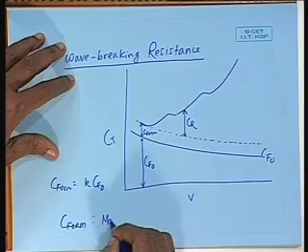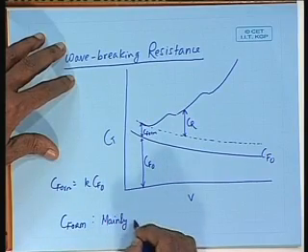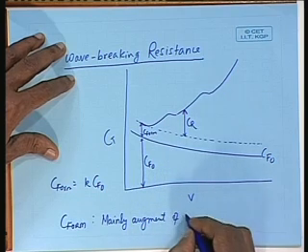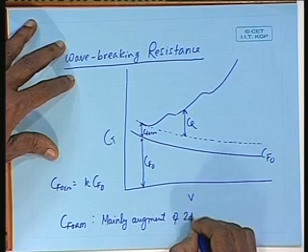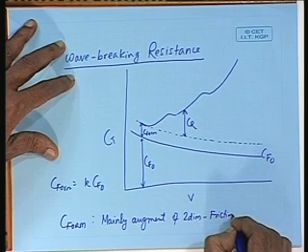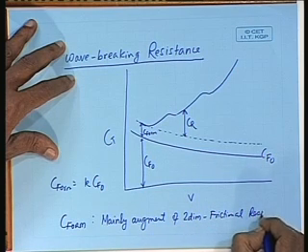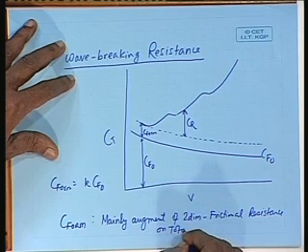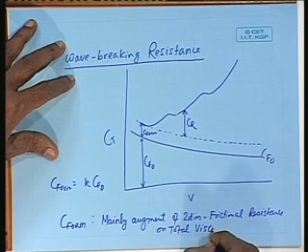Do you get my point? That is, C form I can say is mainly augment of 2-dimensional frictional resistance on total viscous resistance.